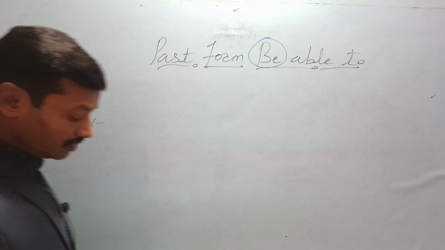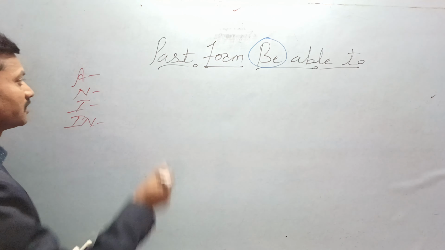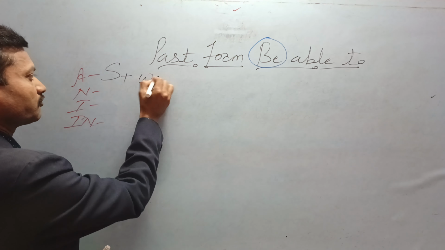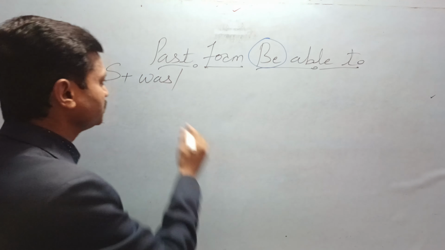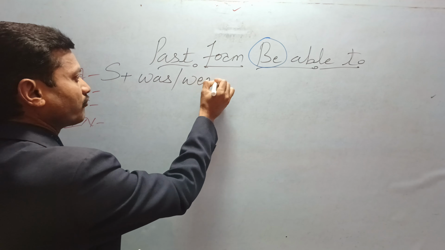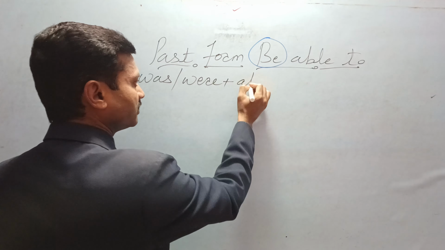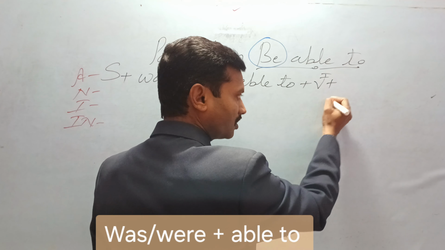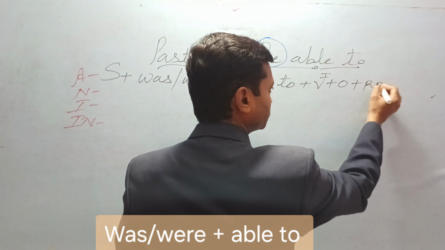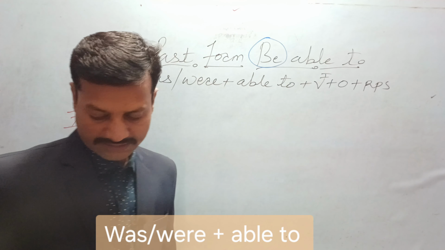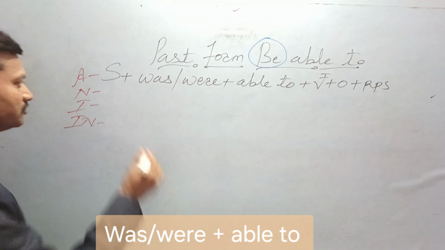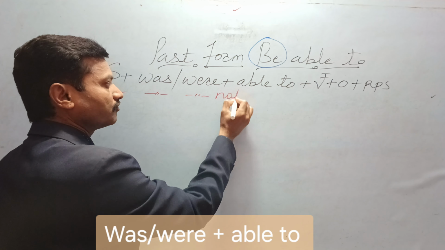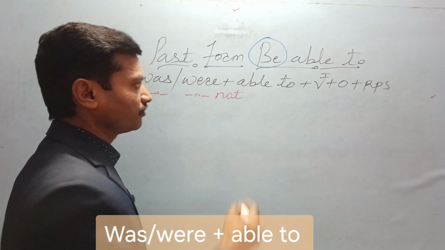Okay. So rule, affirmative rule. First of all, subject. Then past form. So we must use here was or were. Then able to. After that, first form of verb plus object, then remaining part of sentence. Negative: subject, was or were, and don't forget to use not after was or were.